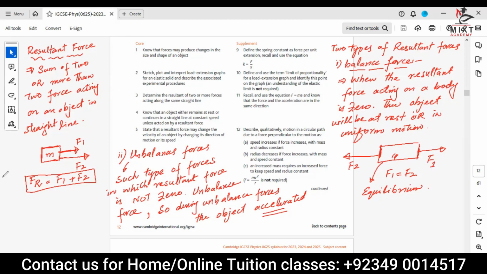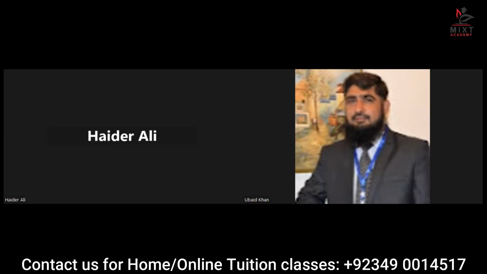It is better to open the whiteboard so I can write more things. We are talking about a straight line.